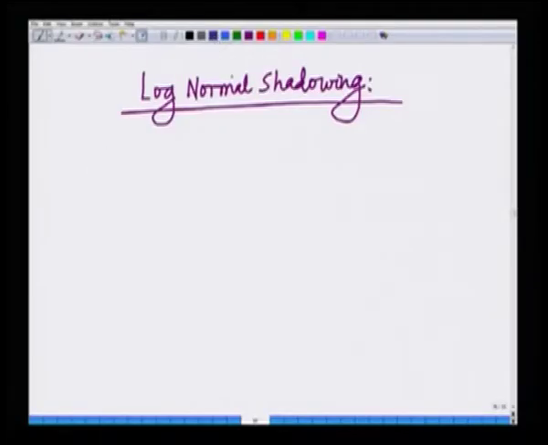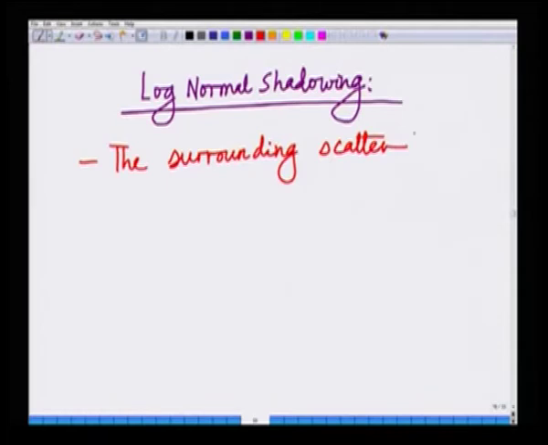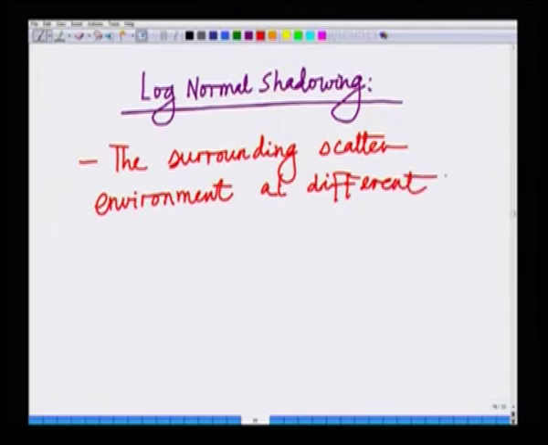All right. So, the surrounding scatter environment at any instant, at different locations, may be very different in a wireless scenario.